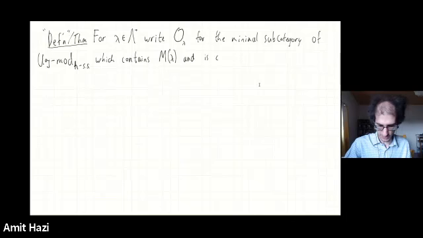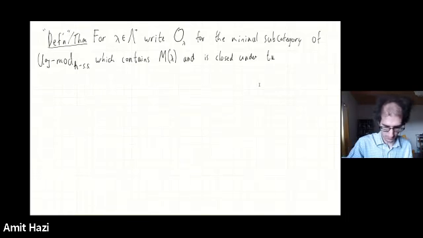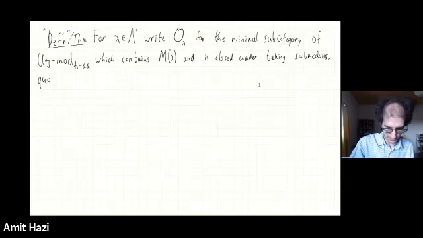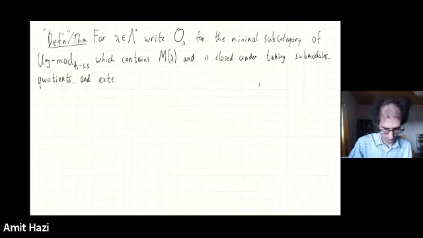And we need it to be closed under the operations of taking submodules, and what else do we want to do? We want to be able to take quotients and extensions.